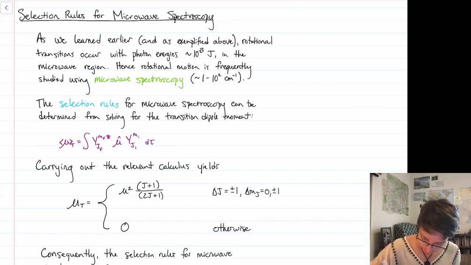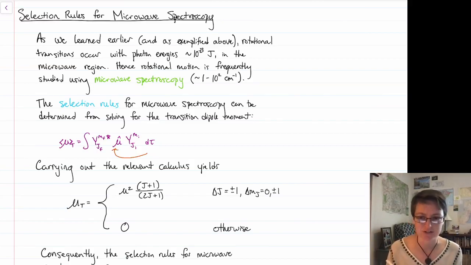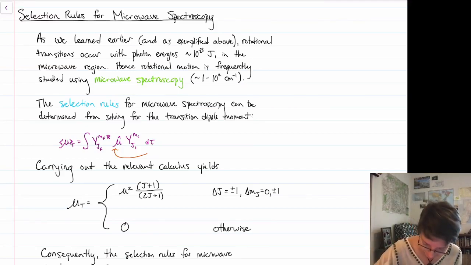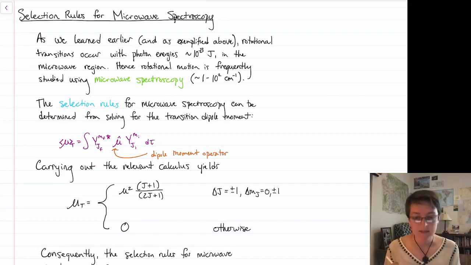Again, we've sort of run out of Greek letters, so we have to pay attention to context to know if mu is talking about the reduced mass or the dipole moment. In this case, this is talking about the dipole moment operator. And we're going to multiply that in the integrand times the wave function for the initial state, integrate over all space, and that is our transition dipole moment.